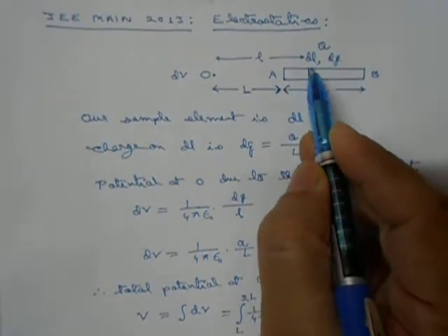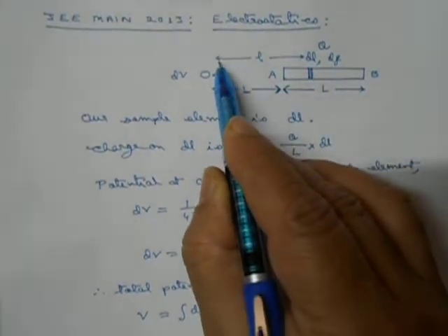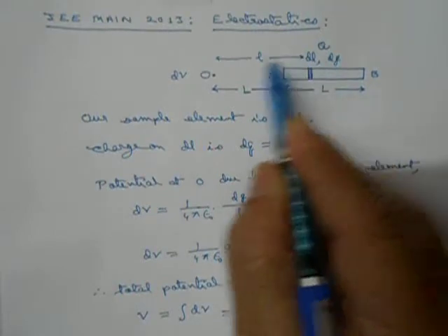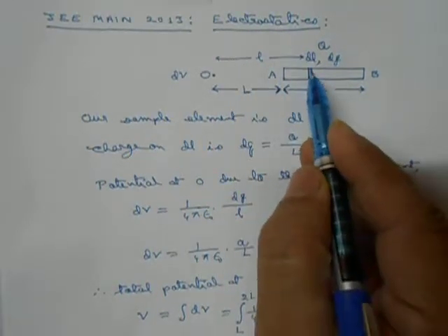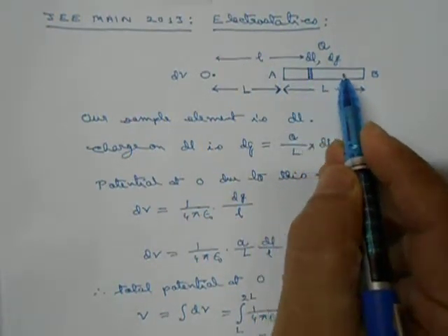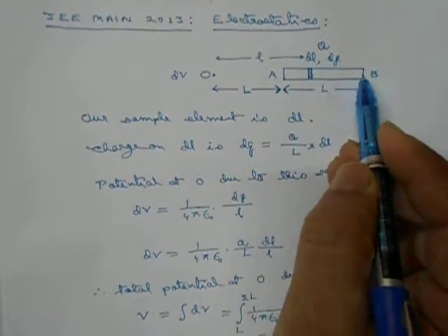See, this is the sample element dl, which is at a distance l from here, small l from here. Now this sample element can be here, here, here, or here, anywhere.